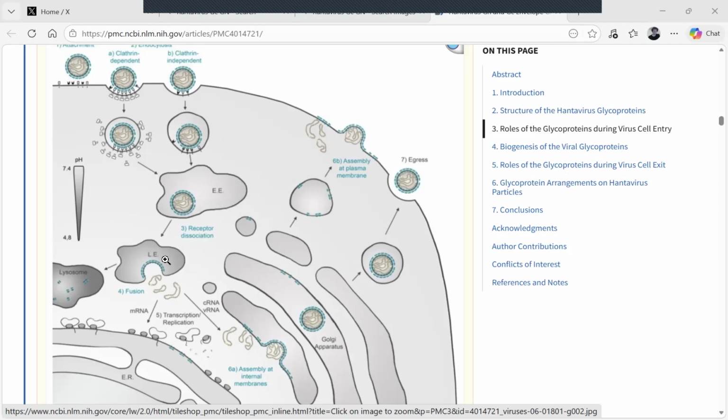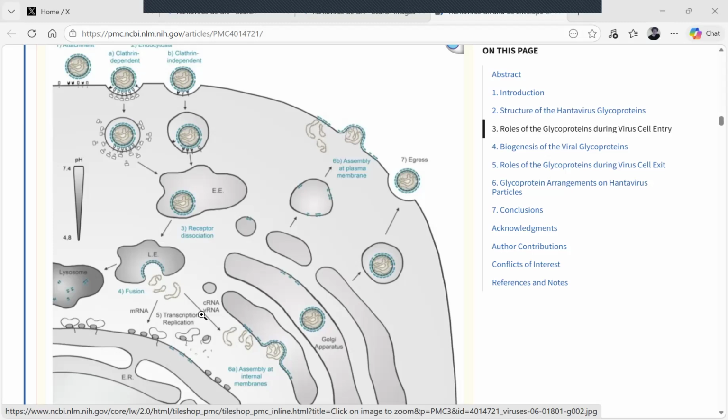What happens in the late endosome phase is that the shell or the envelope of the hantavirus is cracked open, and the three genomes, the large, the medium, and the small, end up getting into the cytoplasm. The remaining endosome ends up breaking apart the glycoprotein from the virus surface. These are the GC and the GNs.